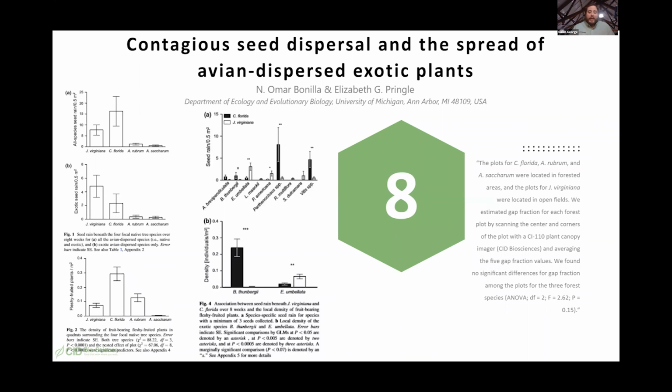So they looked at different types of fruit-bearing trees, both native and non-native exotic species of these trees.